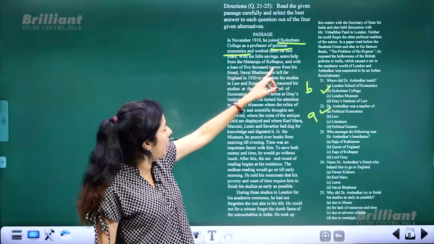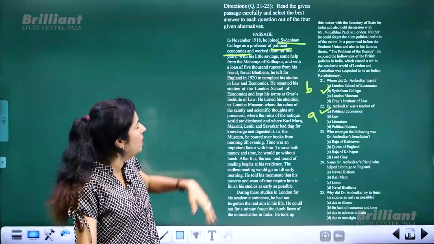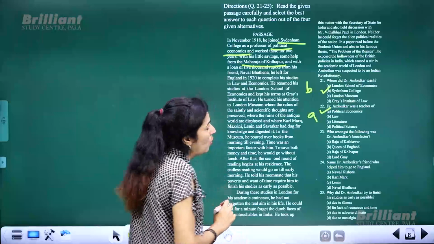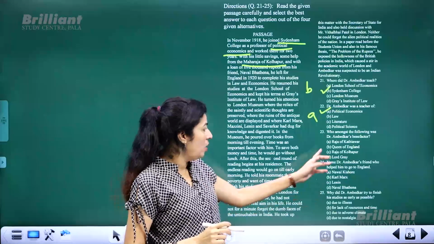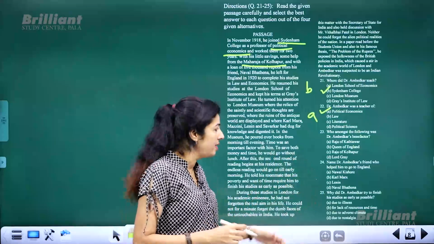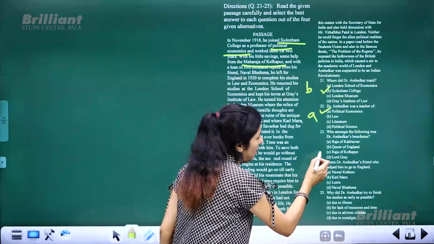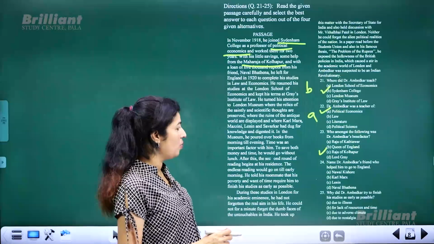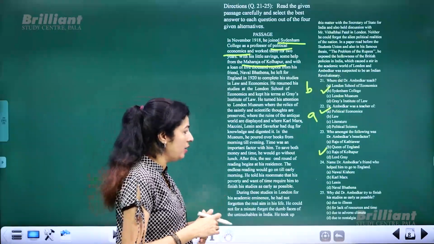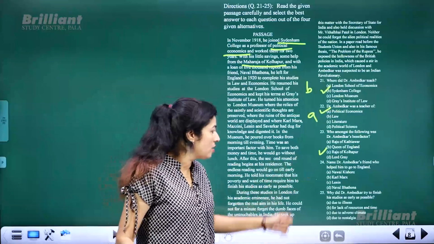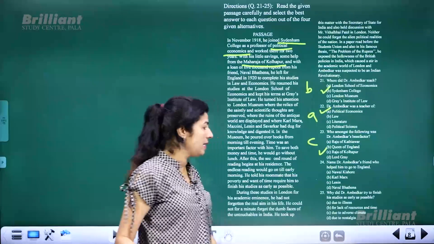With his little savings, some help from the Maharaja of Kolhapur. So who was his benefactor? Not the Raja of Kathiawar or Queen of England, but the Maharaja of Kolhapur, who helped him financially, not Lord Grey or the Queen of England. So this also was very simple, option number C.